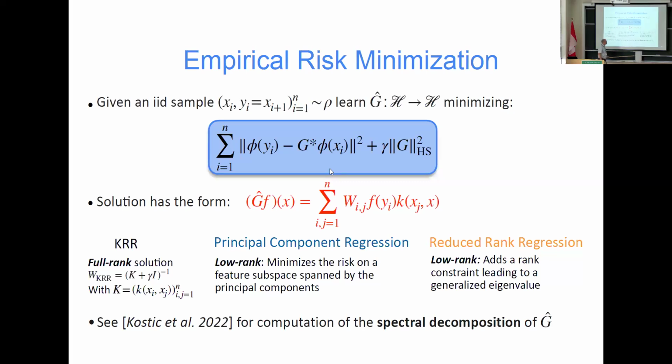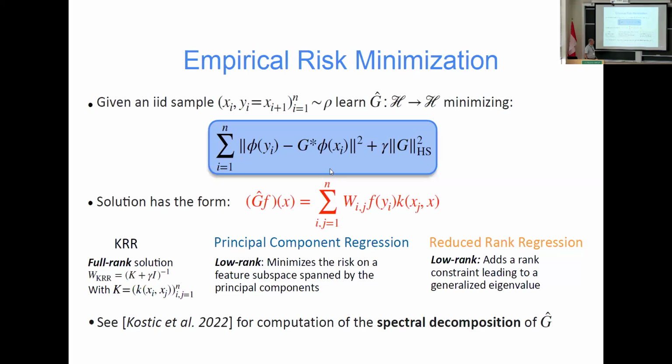And then we have an estimator that we introduced recently, a couple of years ago, which we call the reduced rank regression estimator, which minimizes the regularized empirical risk with an additional rank constraint. So we additionally say that the rank of our estimator should be less than or equal to r.